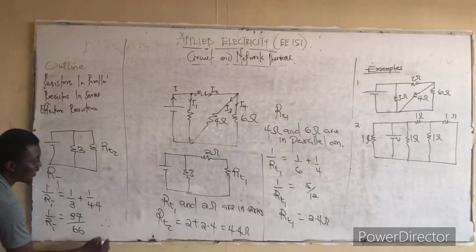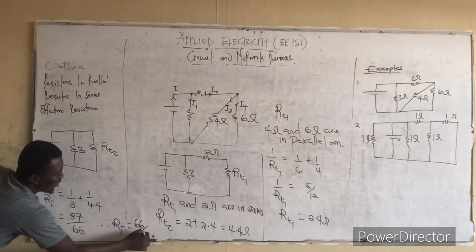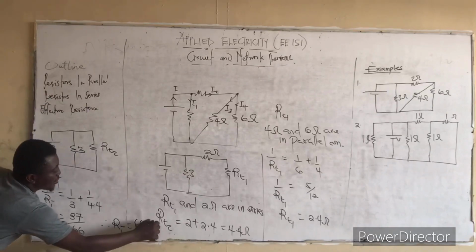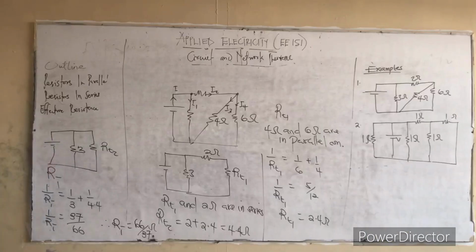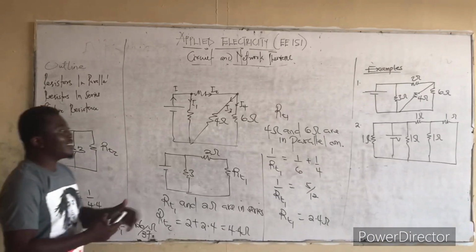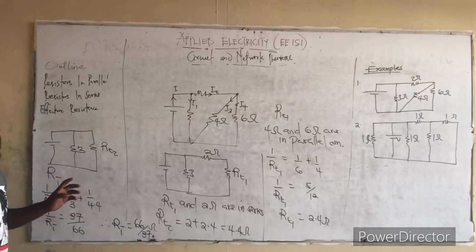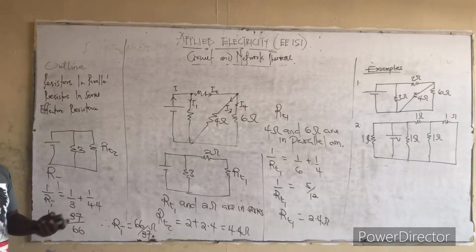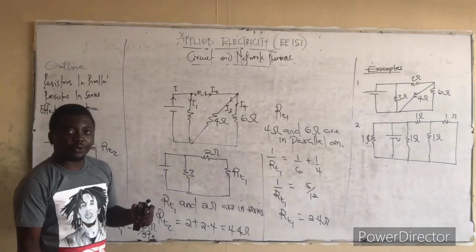So therefore, RT is equal to 66 over 37 ohms. So this small circuit that they gave us, you see what we have to go through just because of series and parallel connection. Someone may ask, is it really necessary for us to redraw?